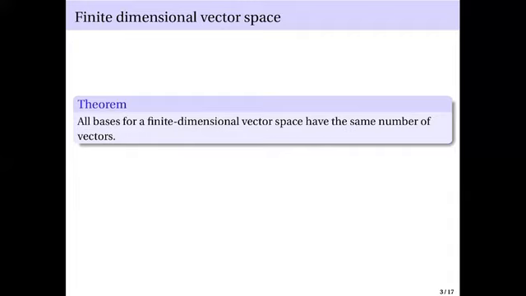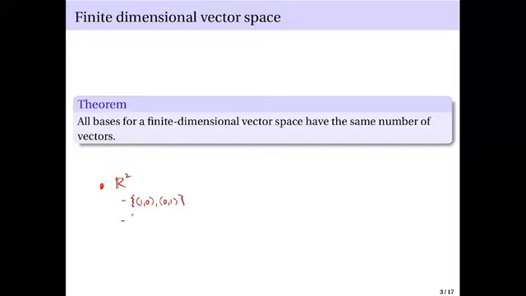Meaning, for example, if we look at the space R2, we know that the standard basis is (1, 0), (0, 1). This is the standard basis for R2. This has two elements.